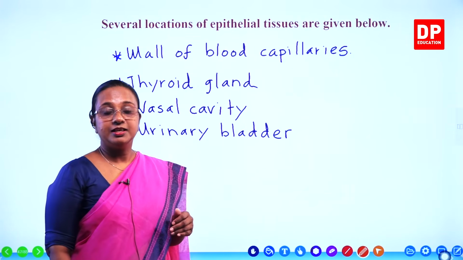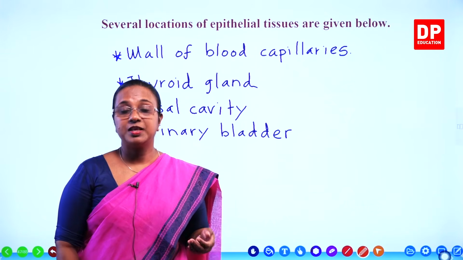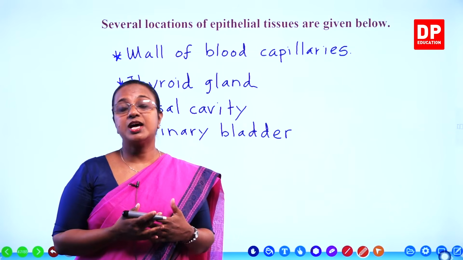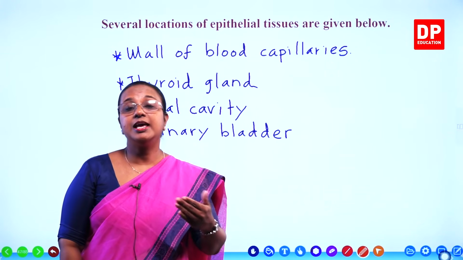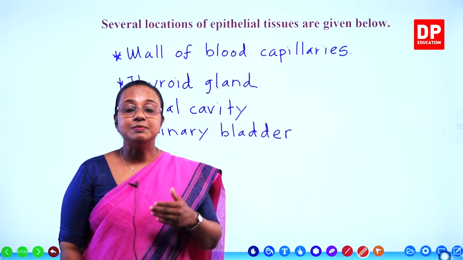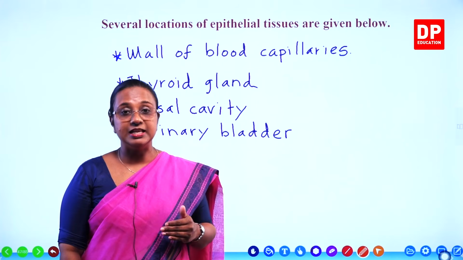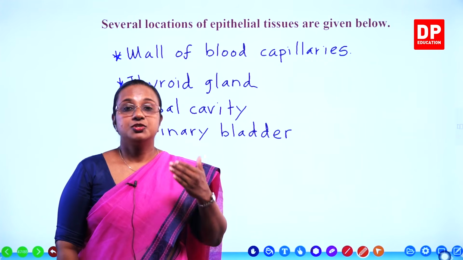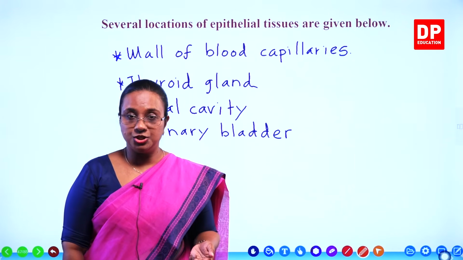And finally, the example that we talked about before, the skin that surrounds our body. The epidermis, the outer layer of the skin, is made up of several layers of epithelial cells. So that is a good example of epithelial tissue.